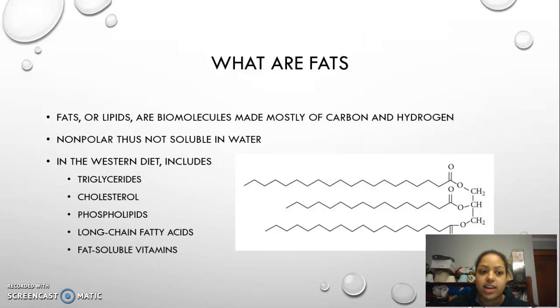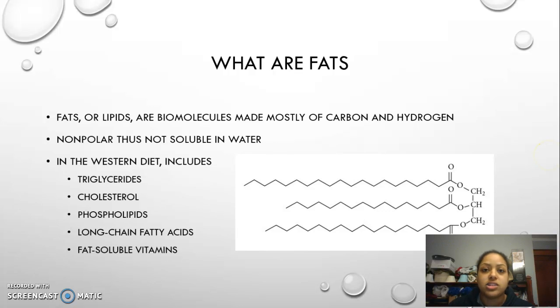So what are fats? Fats, also known as lipids, are biomolecules made mostly of carbon and hydrogen atoms. They are nonpolar, which makes them not very soluble in water.